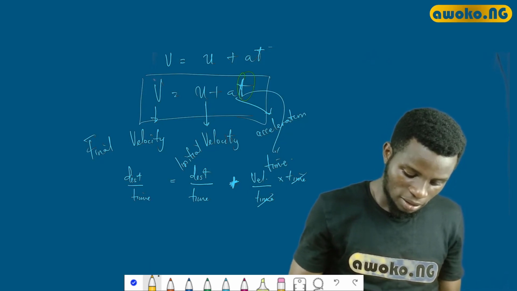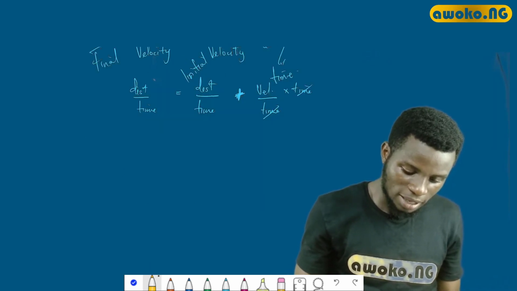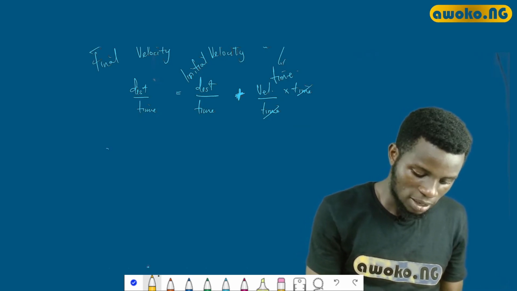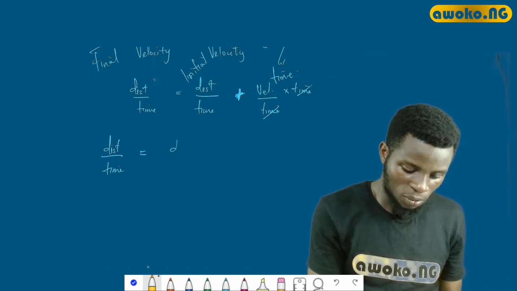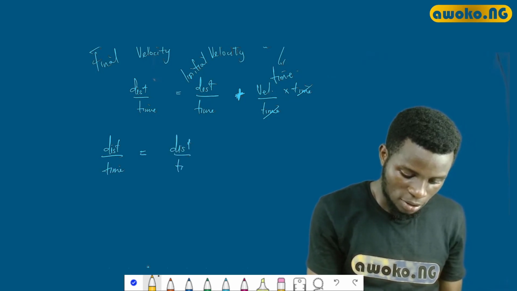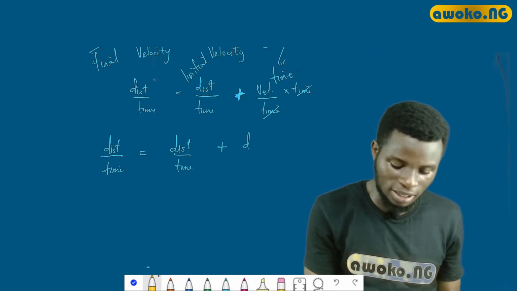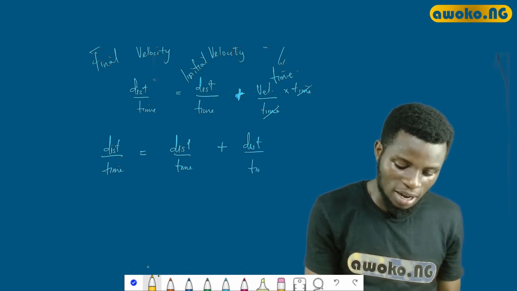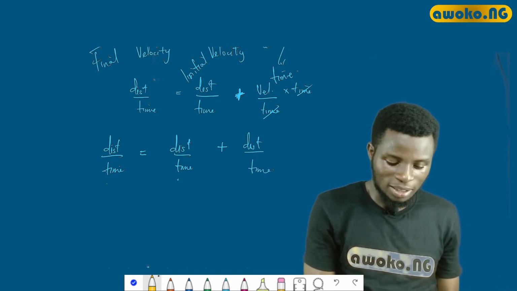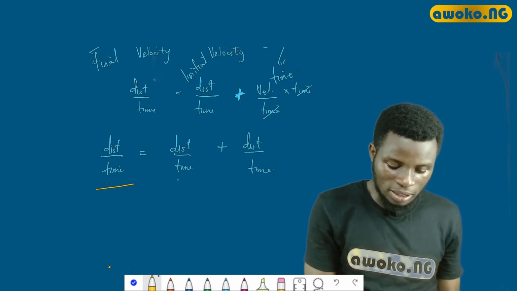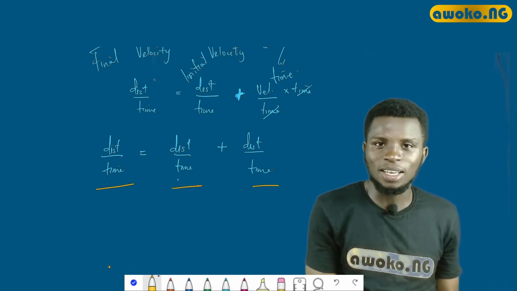So we are left with distance over time, which is equal to distance over time, plus velocity on its own is distance over time. Of course, distance over time, distance over time, distance over time are the same.